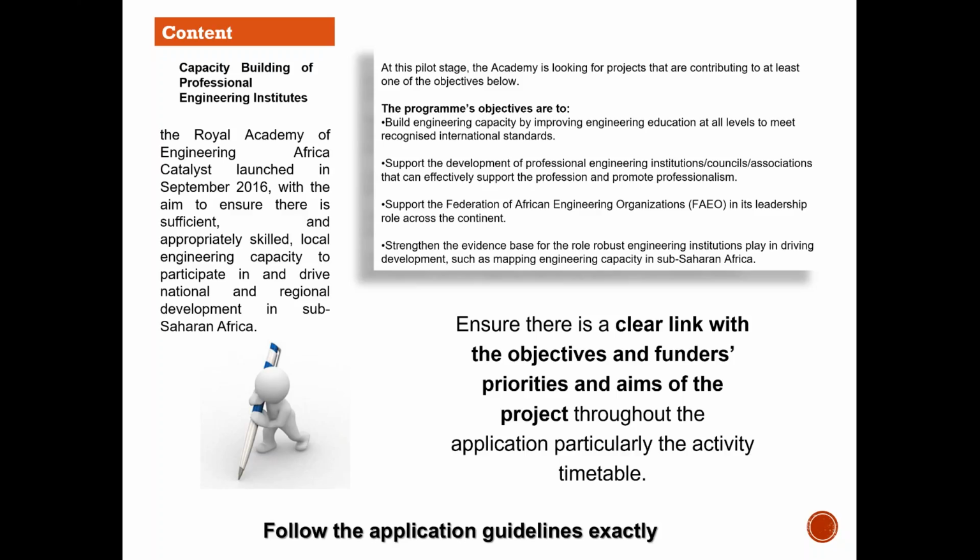And the last one is to strengthen the evidence base for the role engineering institutions play in driving development, such as mapping engineering capacity in Africa. And also for the countries, I mean sub-Saharan Africa, if you look at the guidance note, you will have all the countries listed. So you can see if your country is eligible.